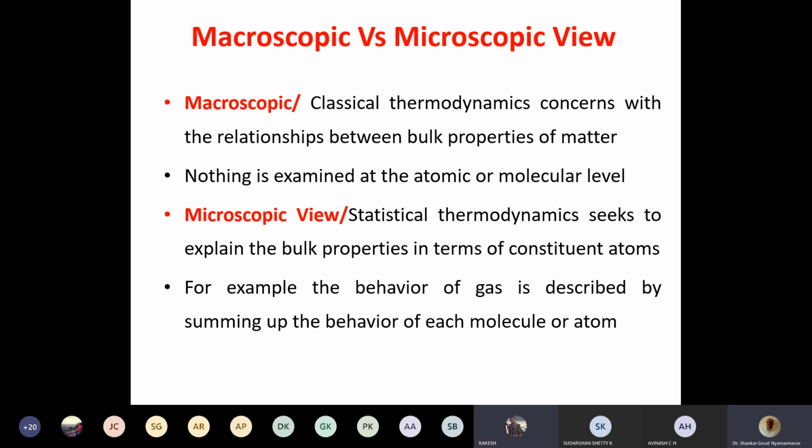In kinetic theory, what you do is take a gas particle and apply the laws of mechanics: momentum transfer, energy transfer. Then you come to an equation for pressure. The bulk kinetic energy is related to the temperature, and you derive that equation.